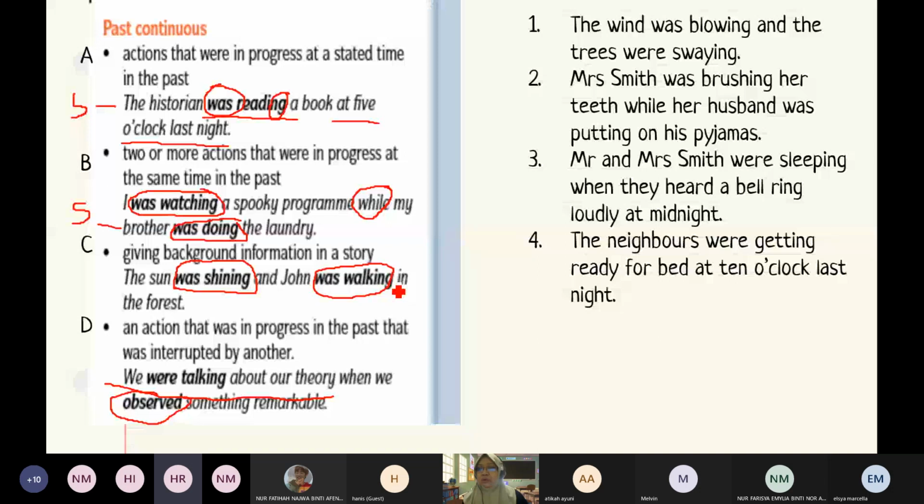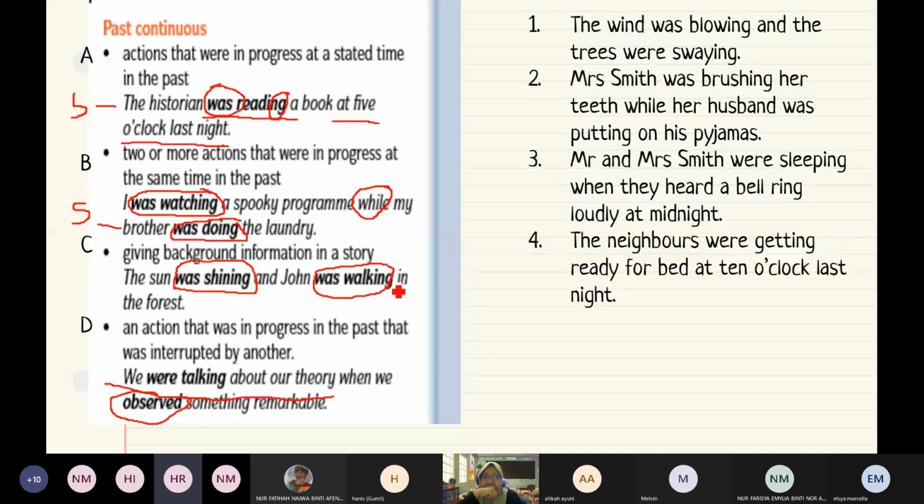The wind was blowing. B. Right. Your answer is B. Are you sure? That sentence describing which one is suitable for that sentence?